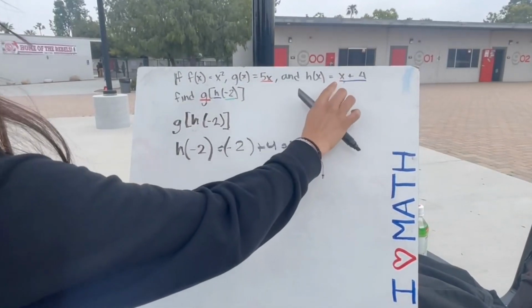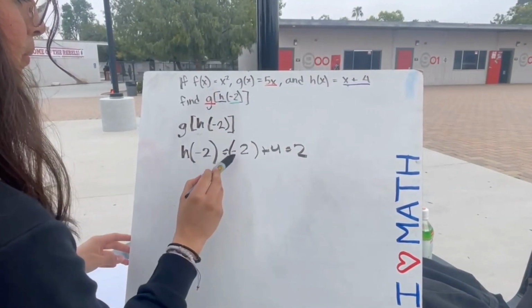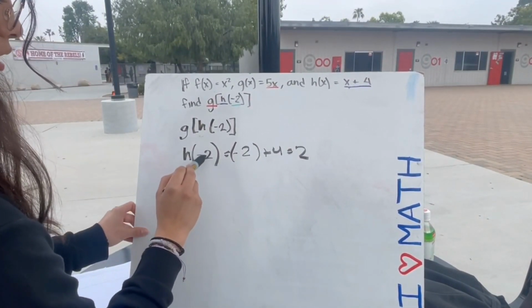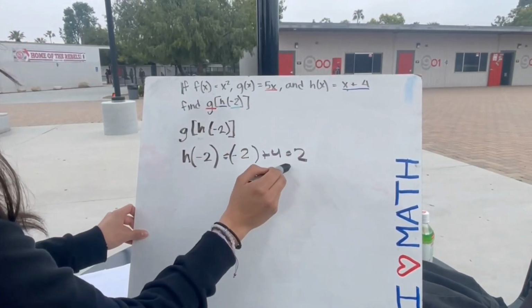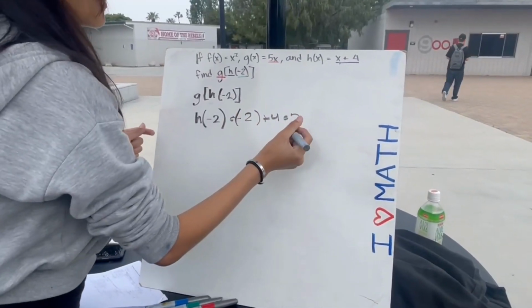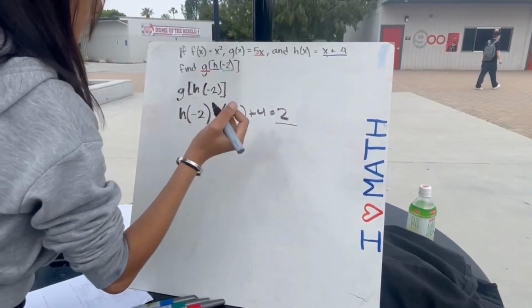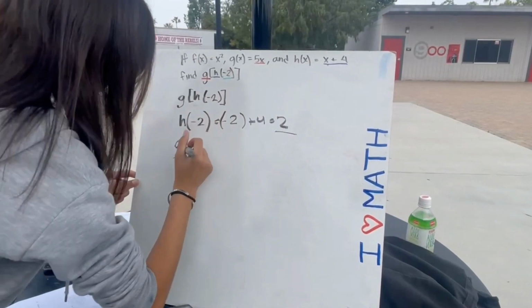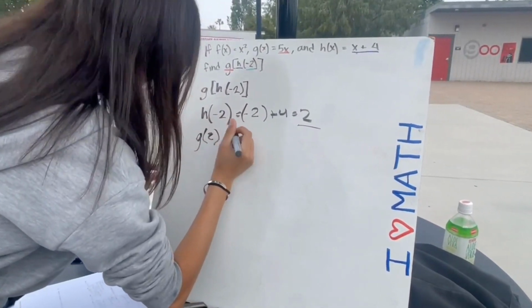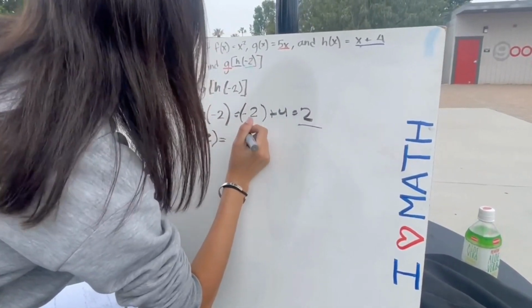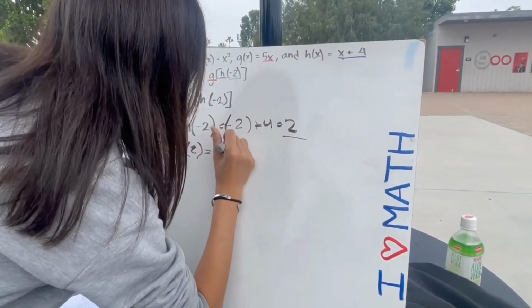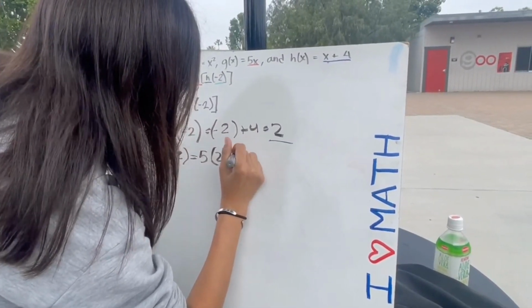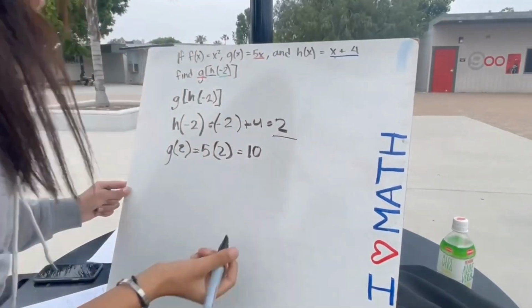So we basically use this equation, and we plug in x, which is this, and we plug in 4, and that would be the answer. Now that this is x, we're going to plug in g of 2 equals 5 times 2, which is 10, which would be our answer.